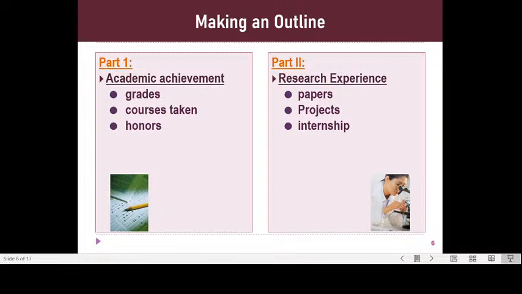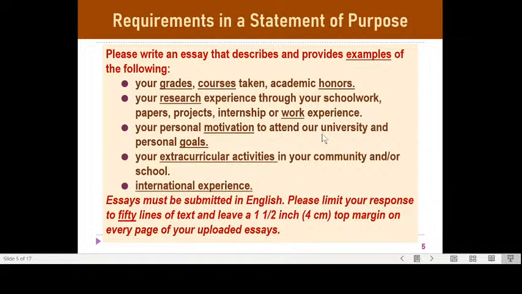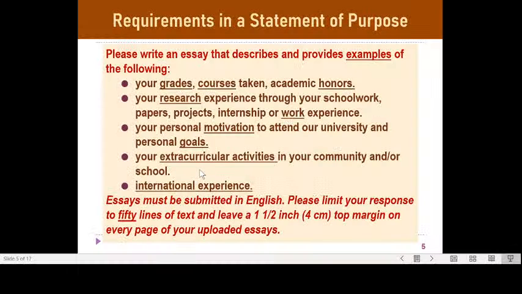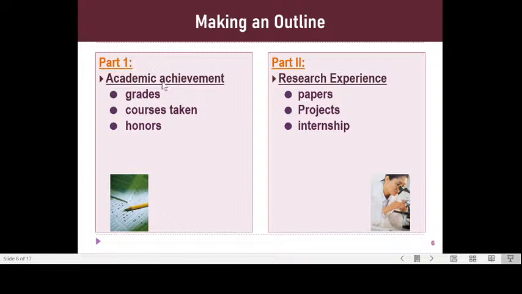Okay, now based on the details here, we're going to make an outline, and I have here divided the requirements into parts.